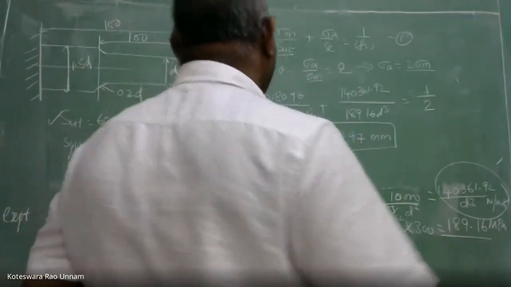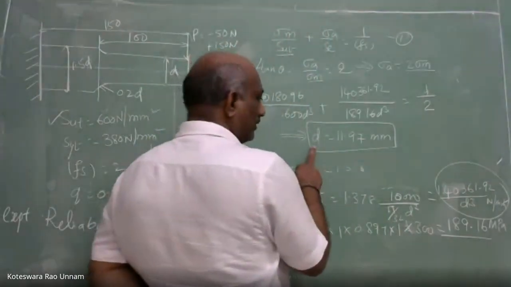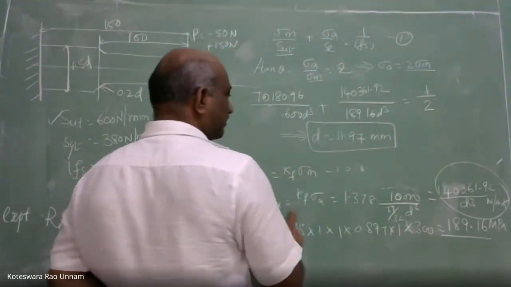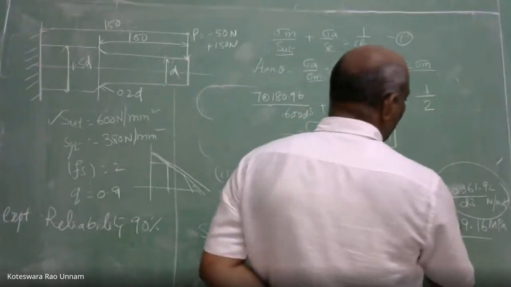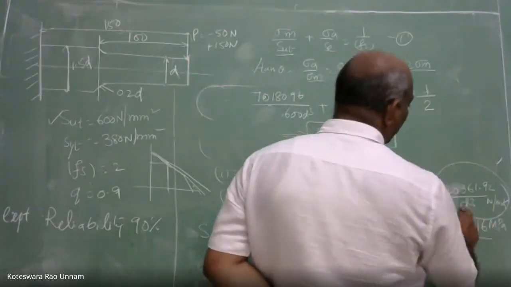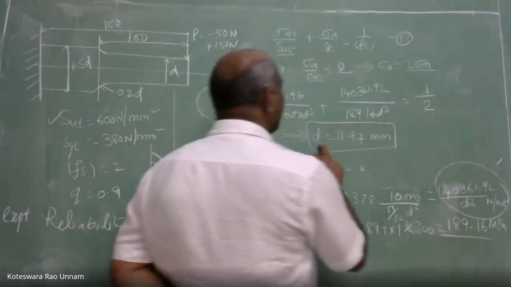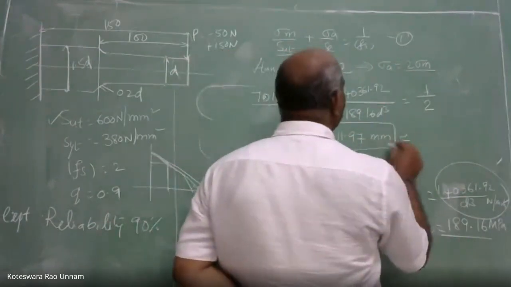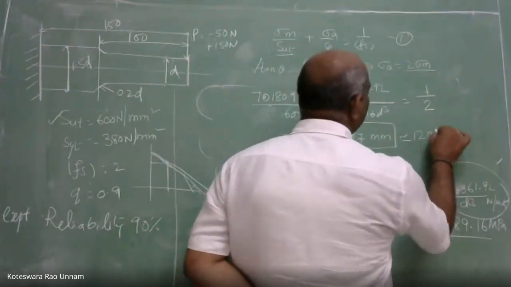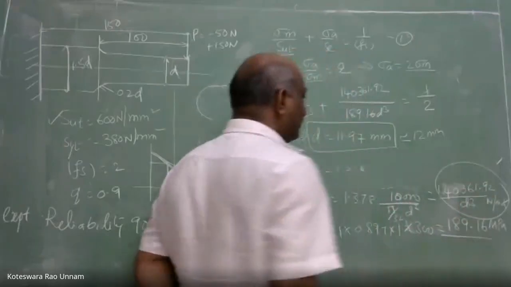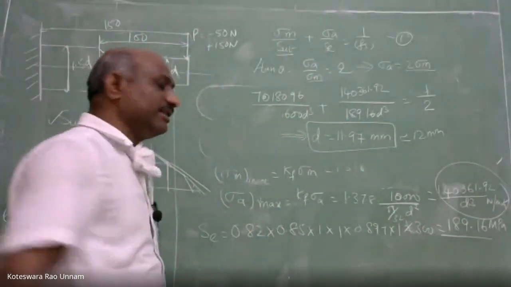If you take the d value and substitute it in the expression for sigma a max, that means 140,361.92 divided by d cube. In place of d cube, we take it as 11.97, I'll take it as 12 mm. So substitute d is equal to 12. Then tell me how much you are going to get for sigma a max.